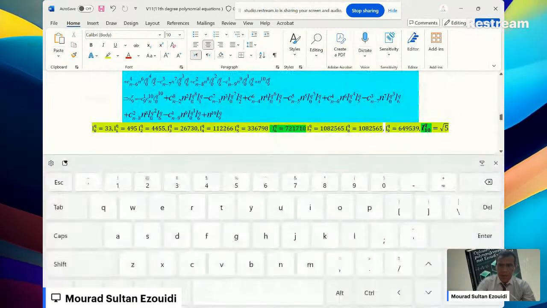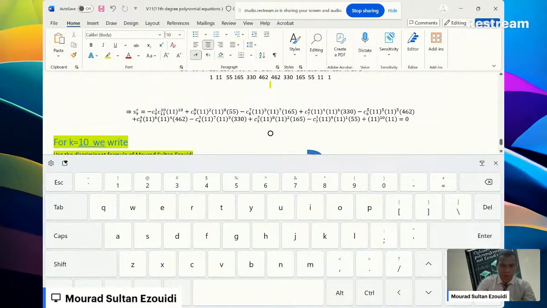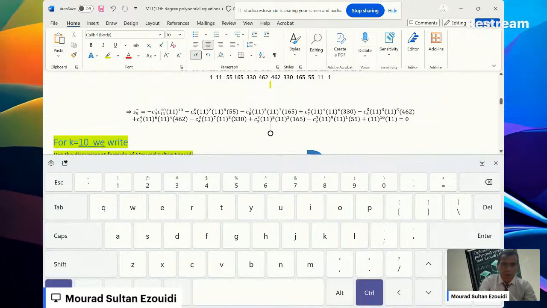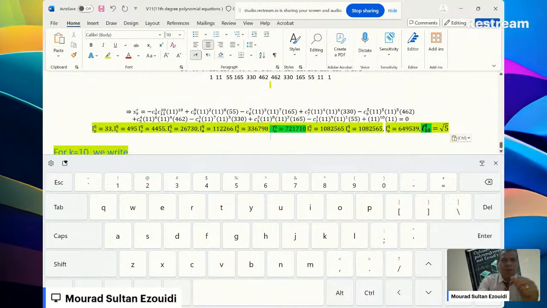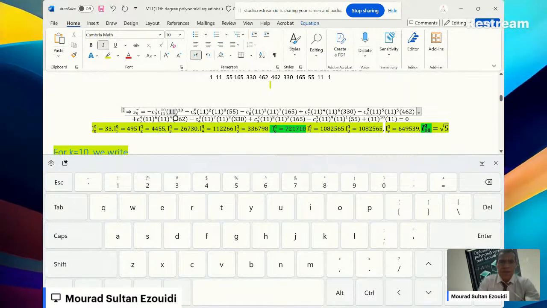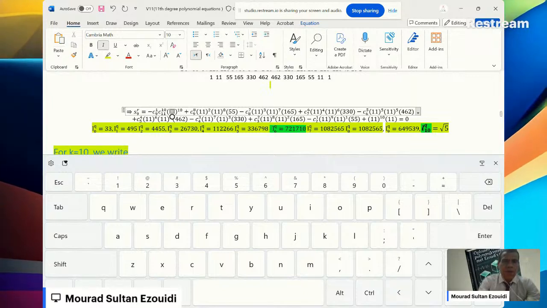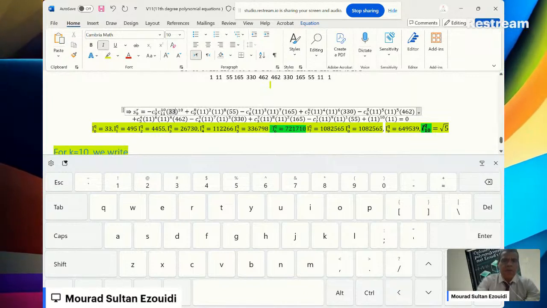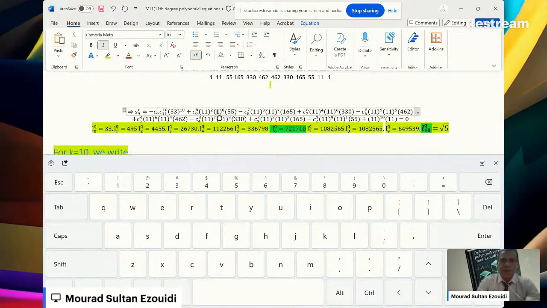So we put this here. And we use control U. Okay, we use the coefficient. Okay. Now we change this one matrix. This is 33. 33. Okay, this is also 33.